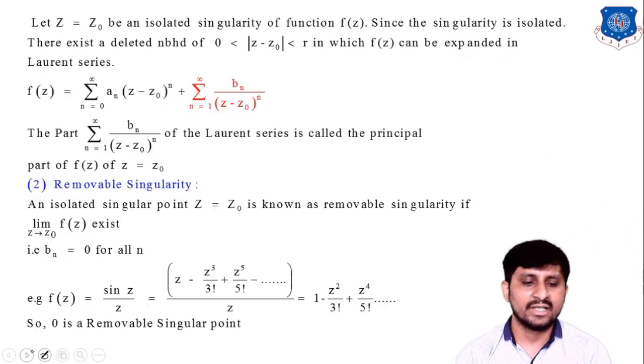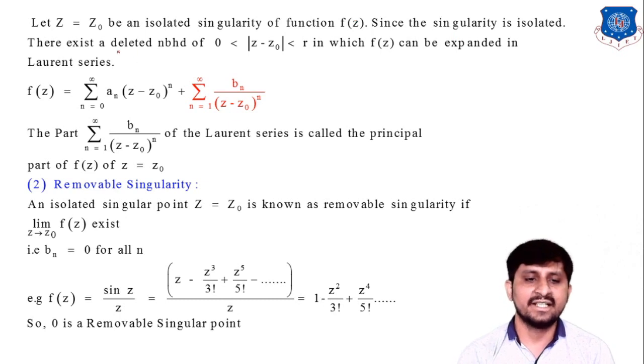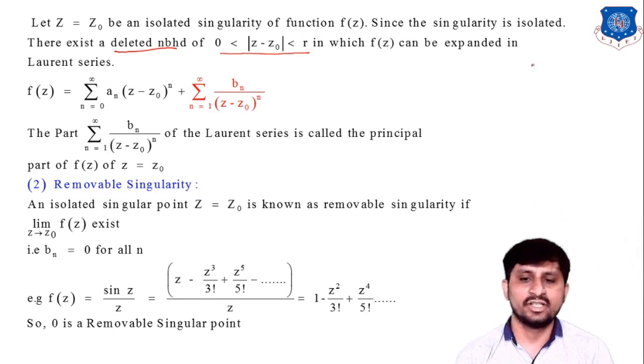Now because z0 is an isolated singular point, definitely there exists a deleted neighborhood, 0 less than mod z minus z0 less than r, in which f of z can be expanded in a Laurent series.